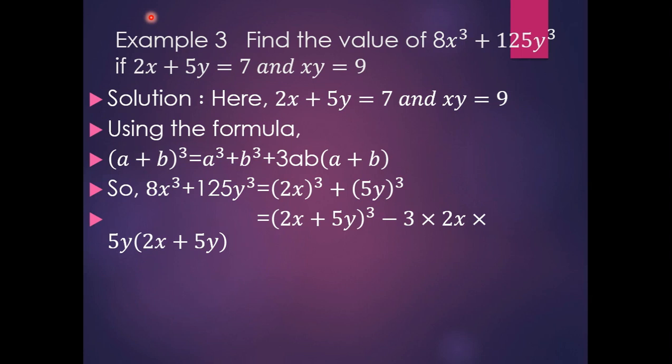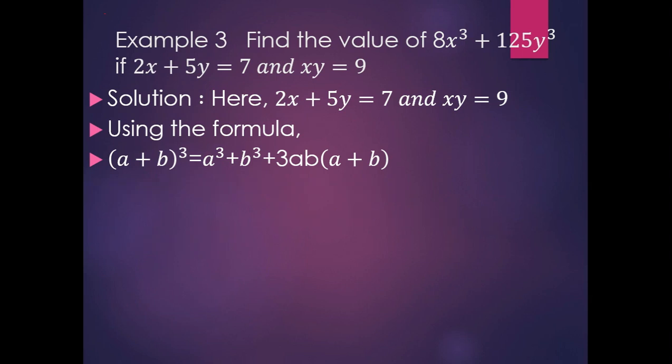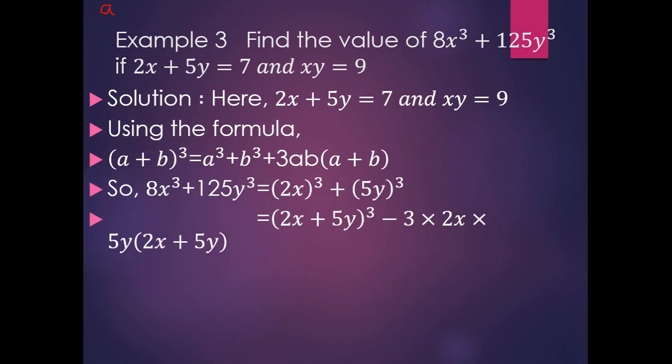So look at the formula. The formula for a cube plus b cube equals a plus b whole cube minus 3ab times a plus b.